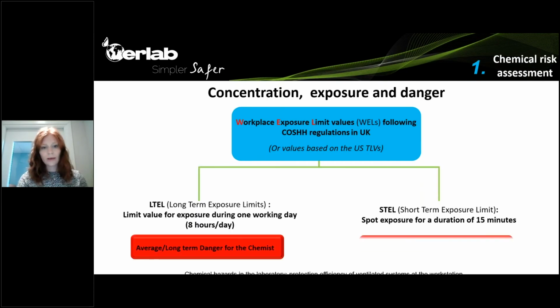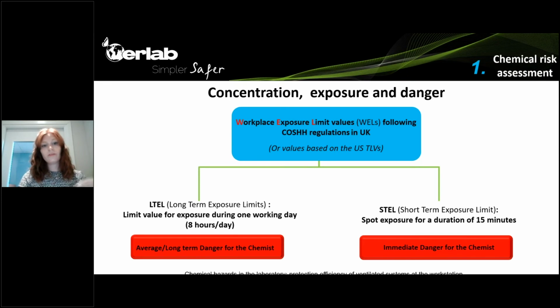We have two different types of workplace exposure limit values, the one on the long term and the one on the short term. The long-term exposure limit is the limit value to which a chemist should be exposed during one working day.